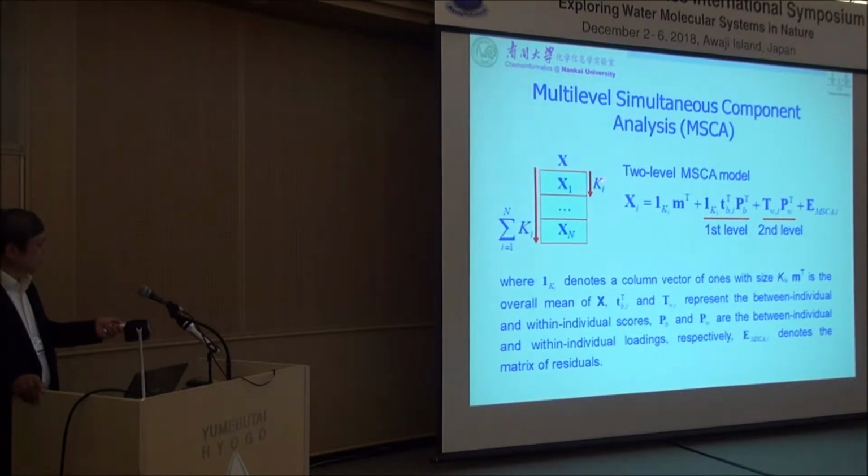For example, each X block is measured under a different temperature, and each block means a different sample. From the first level model, we can describe the changes caused by temperature. And from the second level model, we can describe the changes caused by the concentration. So we can get both the information of temperature and concentration.